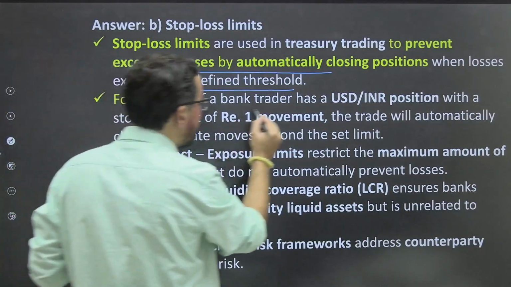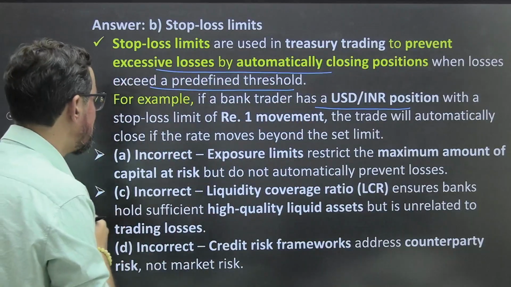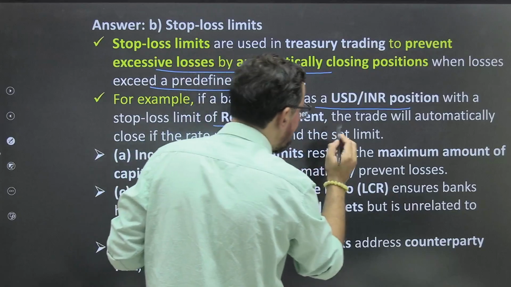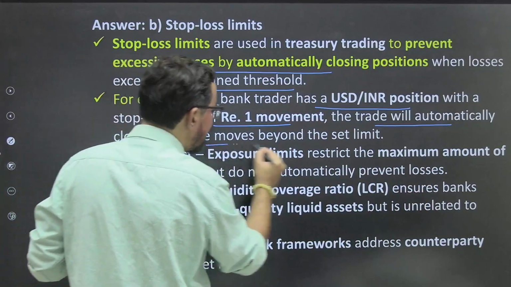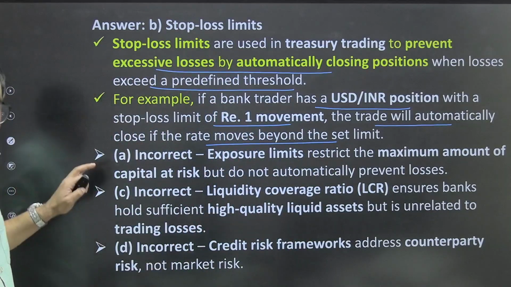For example, a bank trader has a USD INR position with a stop loss limit of rupee 1 a movement. The trade will automatically close if the rate moves beyond this particular set limit. Okay? So the remaining are incorrect. I hope this is clear to all of you.